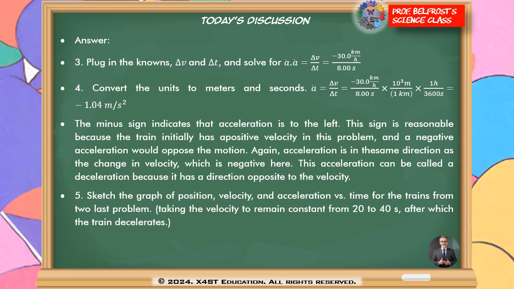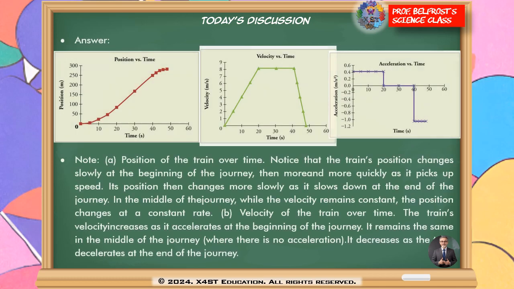Number five: sketch the graphs of position, velocity, and acceleration versus time for the trains from the last two problems, taking the velocity to remain constant from 20 to 40 seconds, after which the train decelerates. Because this is a graph, this is a problem that you need to spend your time to understand, so I'll leave it for you.